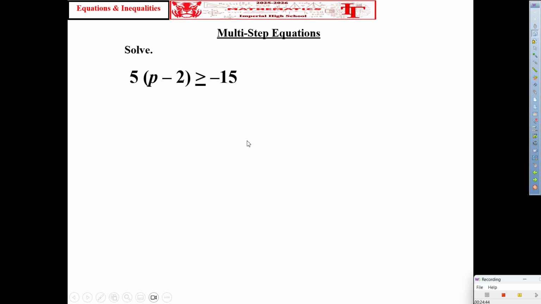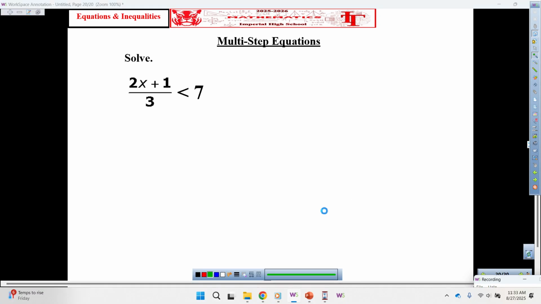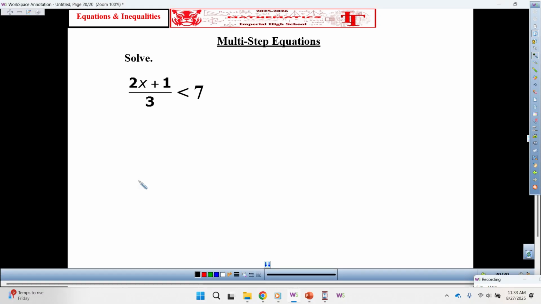All right, copy this one, example 3. We got 2x plus 1 over 3 less than 7.